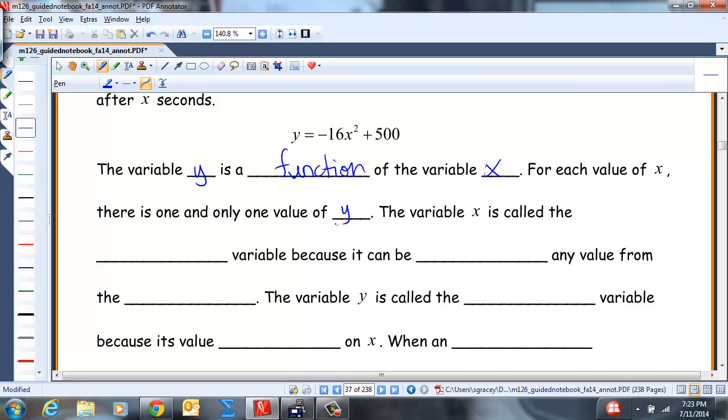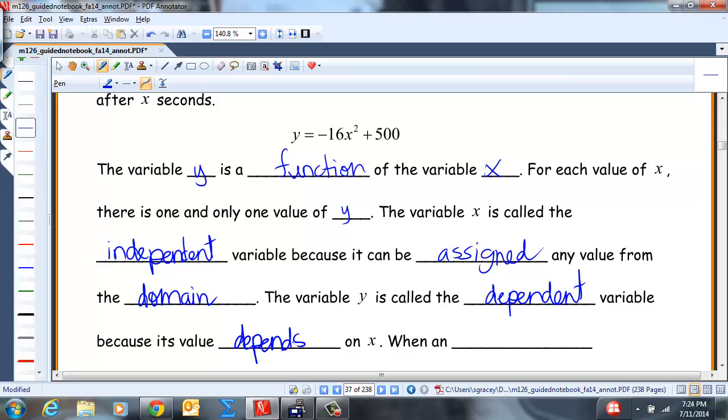The variable x is called the independent variable, because it can be assigned any value from the domain. The variable y is called the dependent variable because its value literally depends on x.